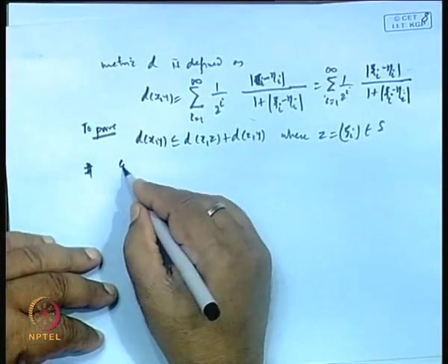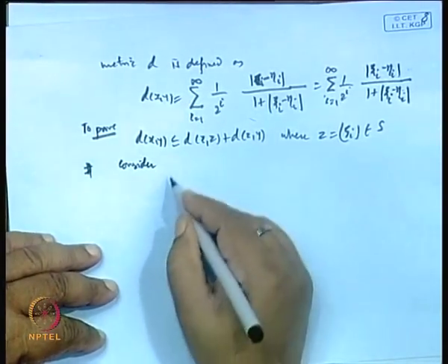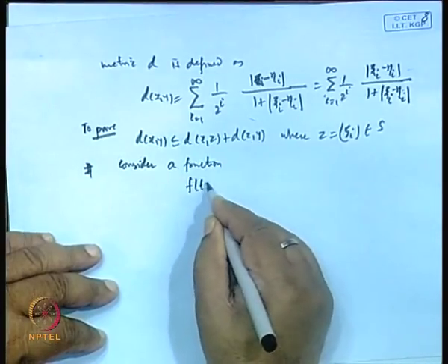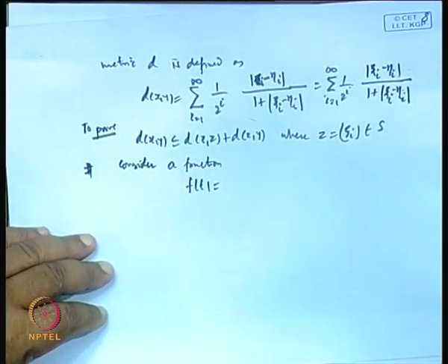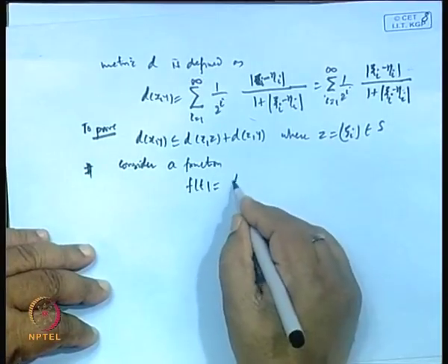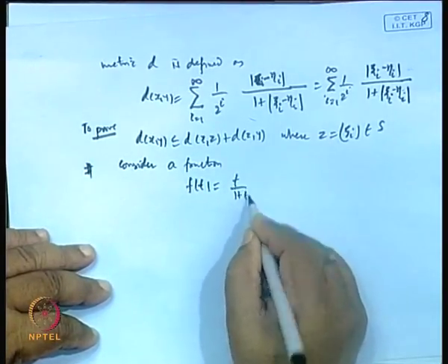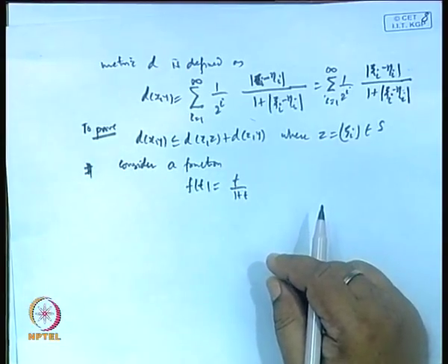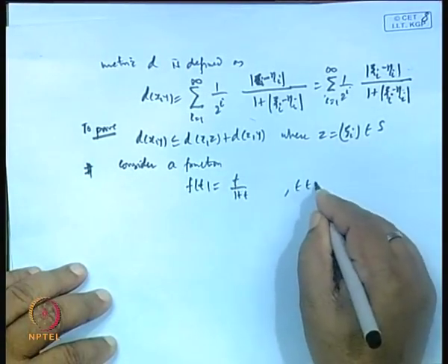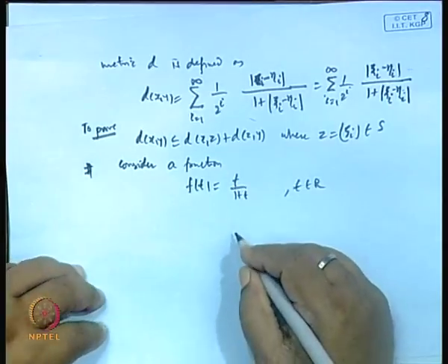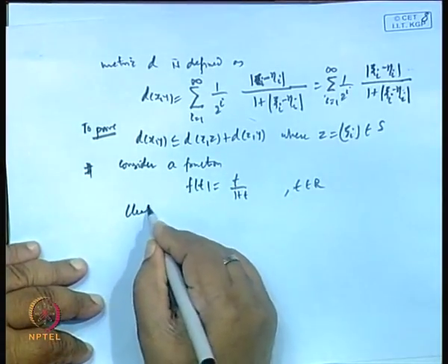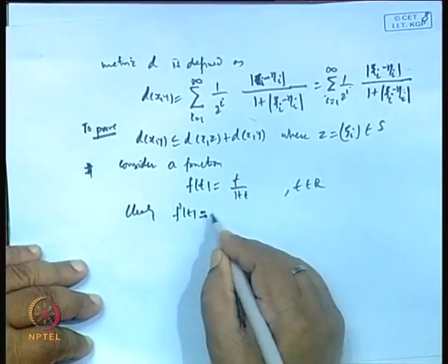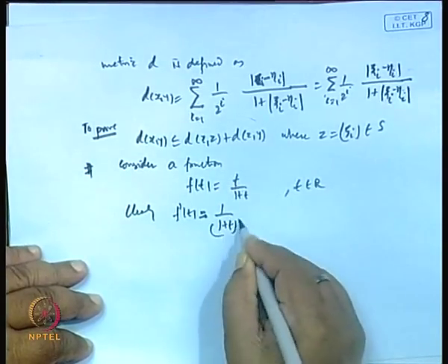Let us consider a function f of t equal to t over 1 plus t. Okay. Let us consider this function defined on R, t is in R. Then clearly the derivative of this is positive, because the derivative is nothing but 1 over 1 plus t whole square.